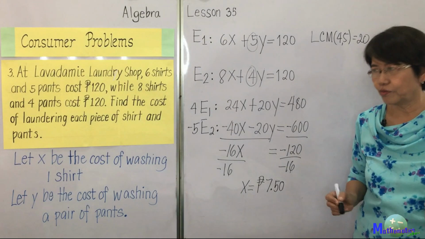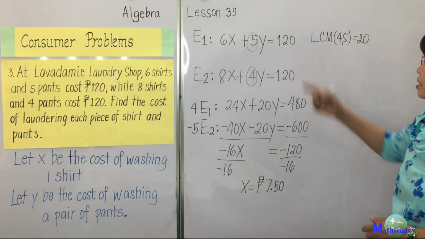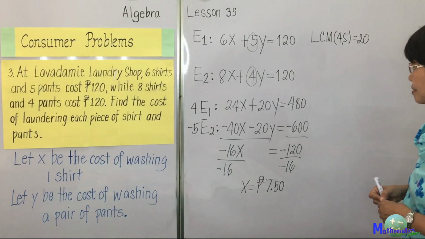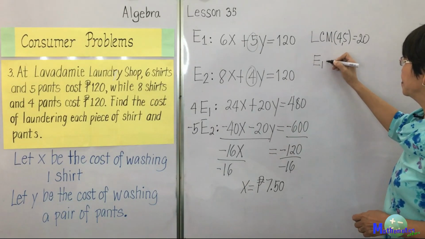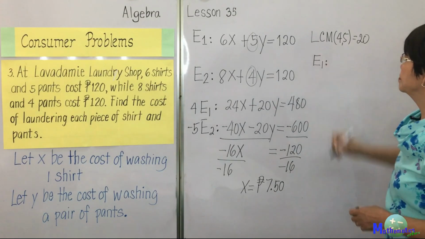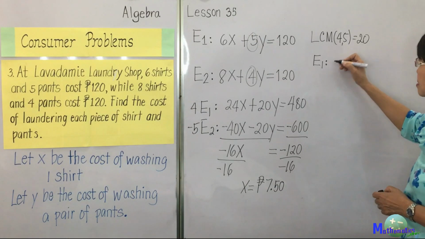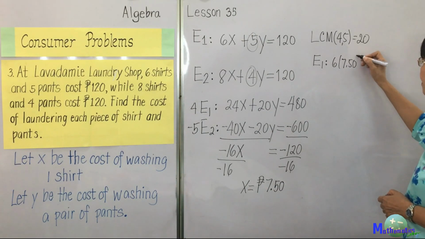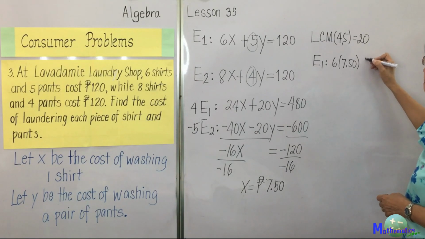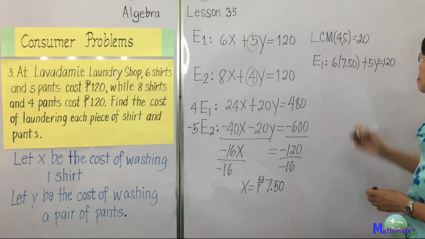And then we will substitute this to any of the two equations. We have equation 1. Substituting 7.50 to x, 6 times 7.50 plus 5y equals 120.